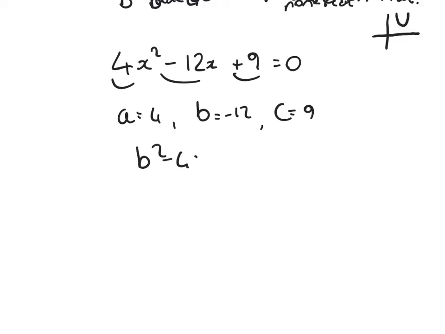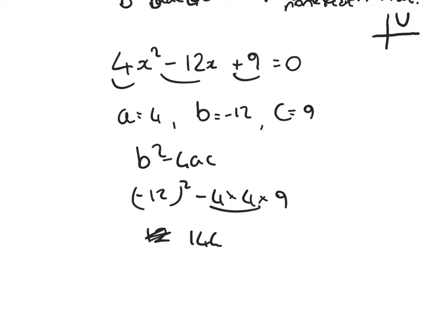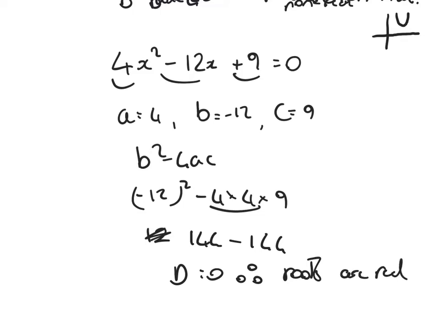So b squared minus 4ac, minus 12 squared minus 4 times 4 times 9. Minus 12 squared is 144. Then we've got 4 fours are 16, and 16 times 9 is 144. So d equals 0. Therefore, roots are real and equal.